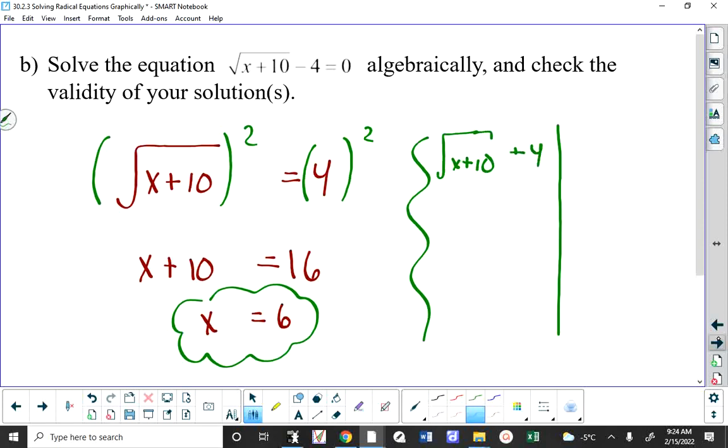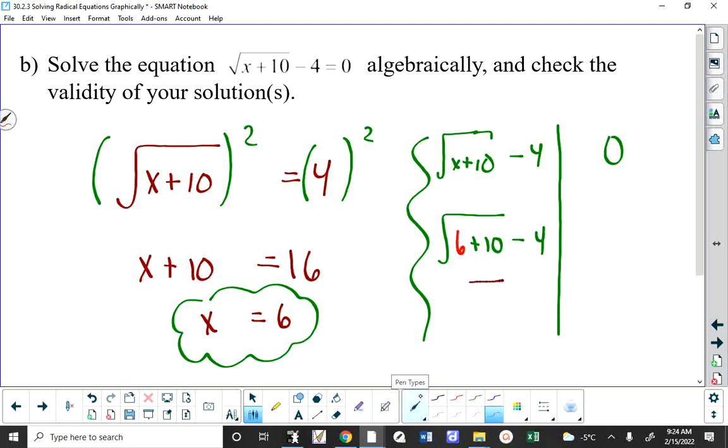You write the right-hand side, which is 0, and then you substitute in the value of x that you found. Well, we found x equals 6, so this is going to become that. 6 plus 10 is 16. And I've written an error here, haven't I? Should be minus 4. Let me repair that. This is minus 4 in the original equation.